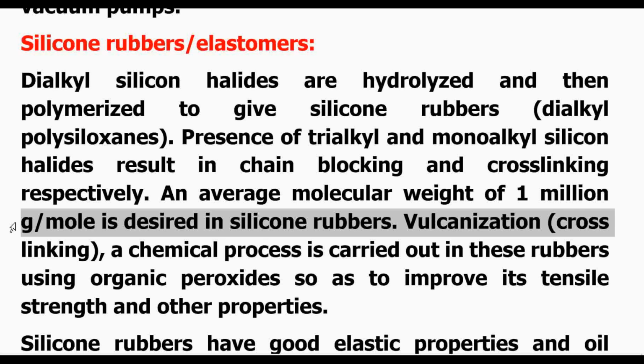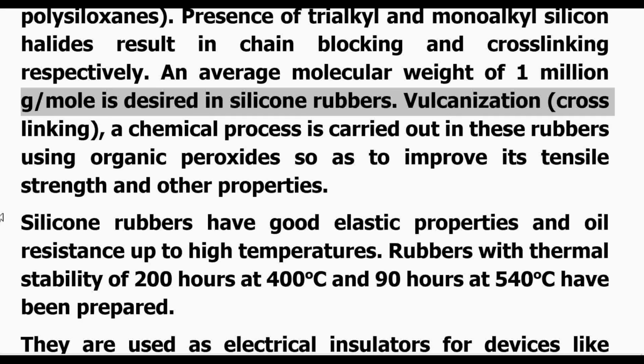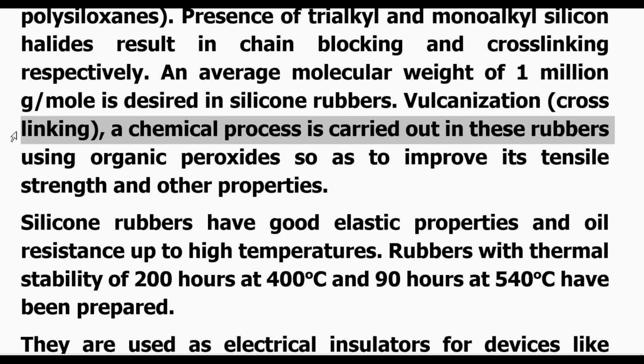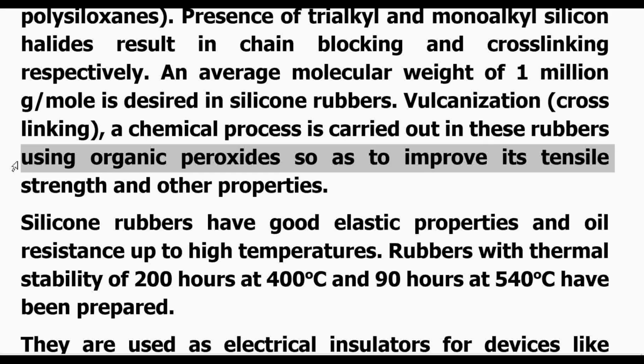Now there is a process known as vulcanization. Vulcanization generally means cross-linking, which is a chemical process carried out in the rubbers using some peroxide initiators. If you have studied free radical polymerization, then we use peroxides in order to obtain free radicals.